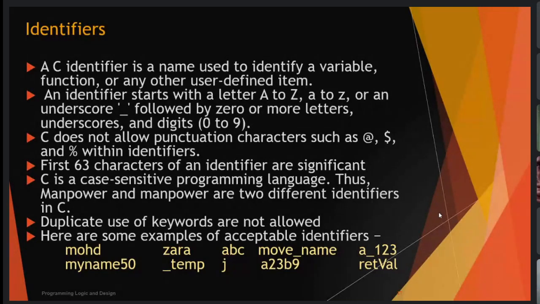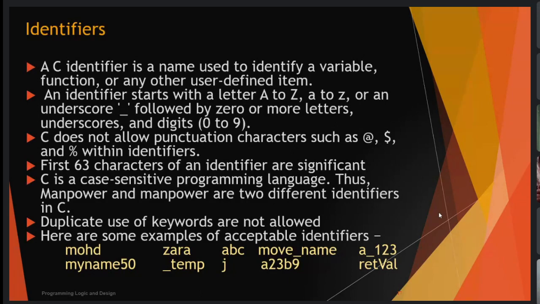Okay? So how do we create an identifier? A valid identifier that will be recognized by C. As stated there, an identifier starts with a letter. Okay? Be it capital or small. And that letters would span from A to Z. Okay? Or an underscore.